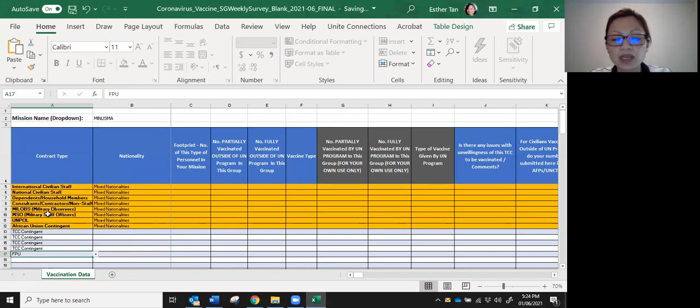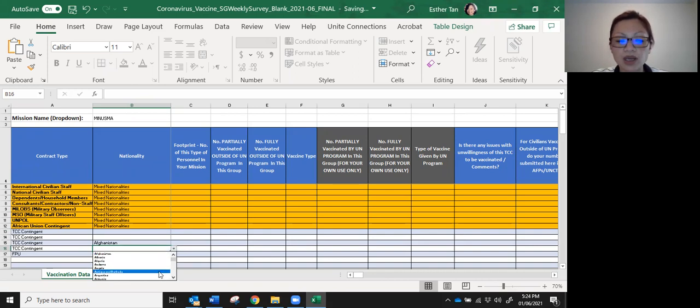For these particular contract types, we think that you don't really need to outline the nationalities. You can just put as mixed nationalities. Maybe for the AU contingent, if you have specific nationality, you can pick them. However, for these contingents, definitely there will be a specific country that you can put in there.